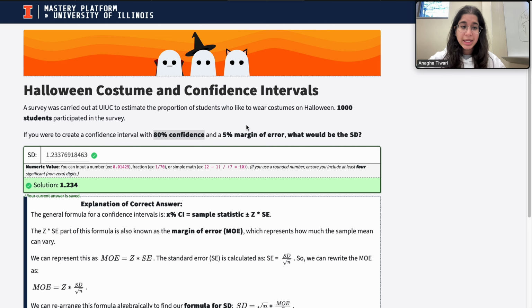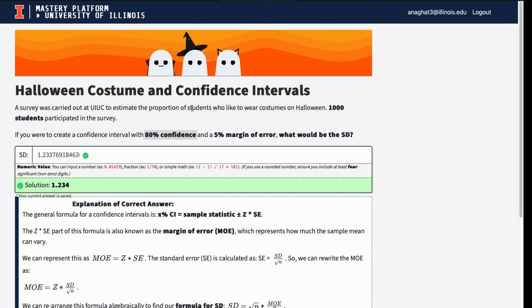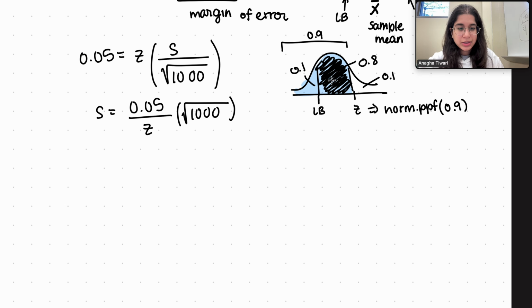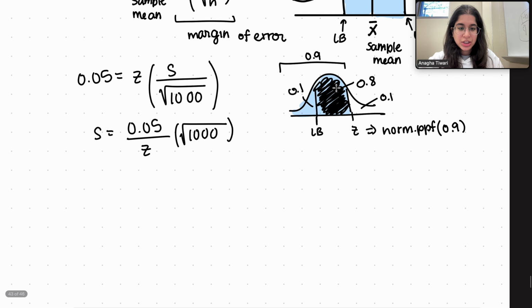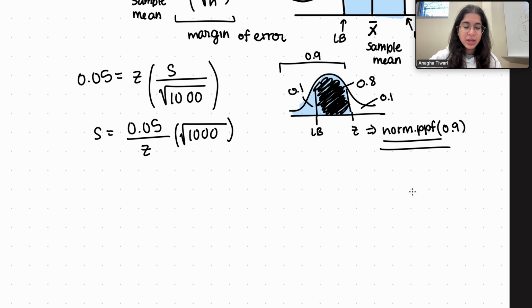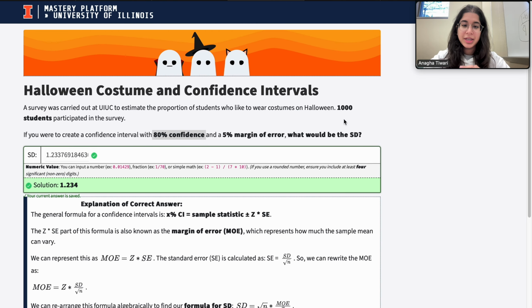A lot of mistakes that students make is that they do norm.ppf of 0.8, thinking that we're having the 80th percentile, but that's not actually true. 80% is that middle area, which is actually going to be the 90th percentile if we are going to use norm.ppf. So that's just something to look out for. Make sure you have the tails included in your calculation. And after that, it's just plugging the numbers in and solving for your standard deviation.